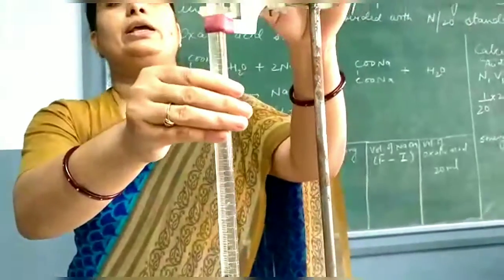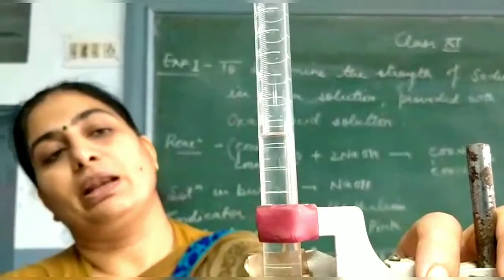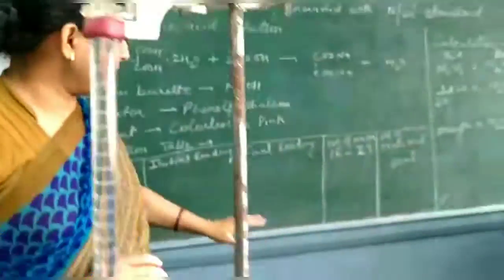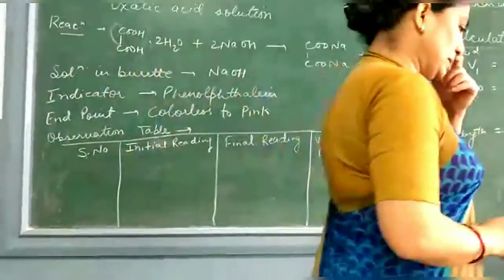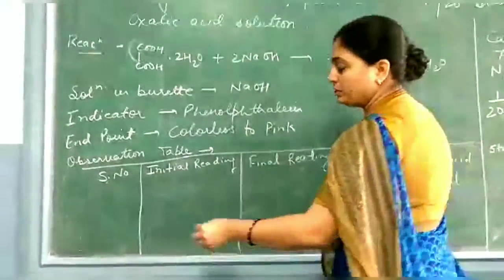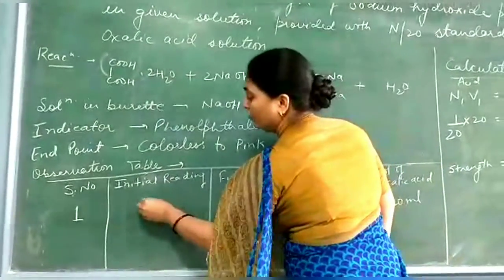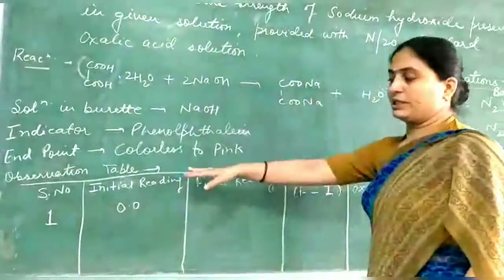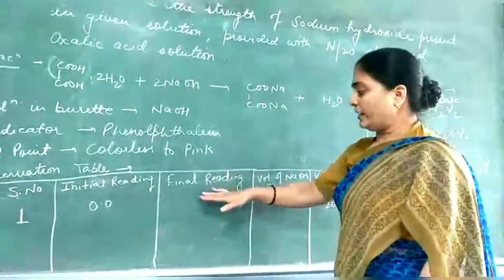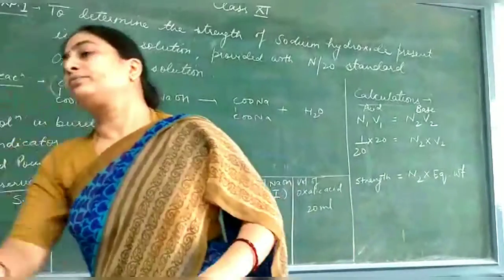So finally this is the endpoint. The endpoint comes out at 18.5 ml. Okay, so I'll just write this 18.5 ml on the board, that means in this observation table. In the observation table, the first observation we started at 0.0 ml, that was the initial reading, and the final comes out as 18.5.